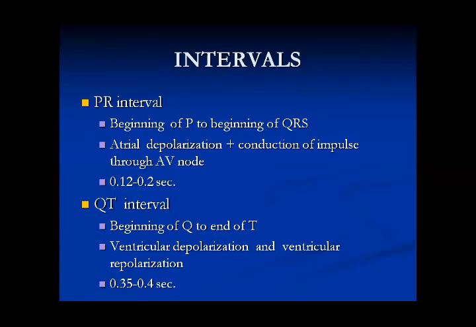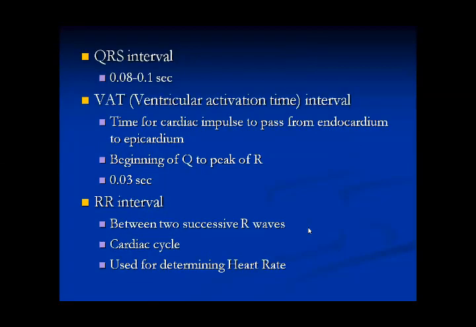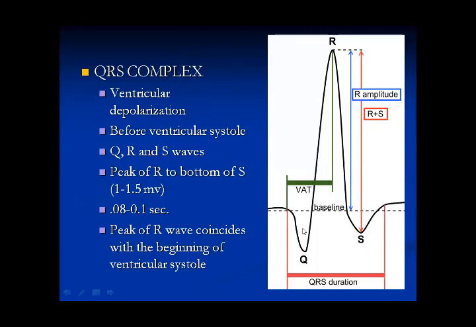Right? QRS interval and RR interval. If you want to see QRS interval, this is the QRS interval. The time duration between the Q and the S wave, that's the QRS interval, right? This is the one. And the other one is VAT, ventricular activation time interval.